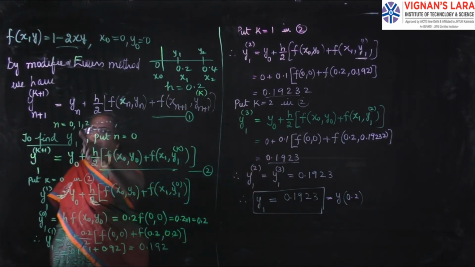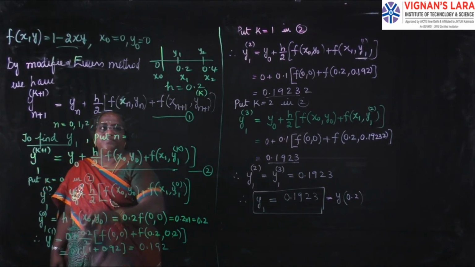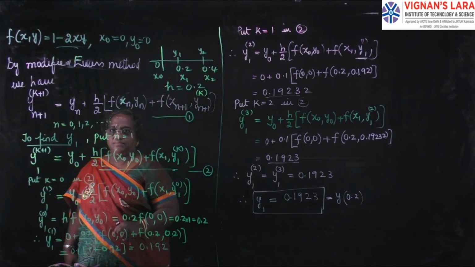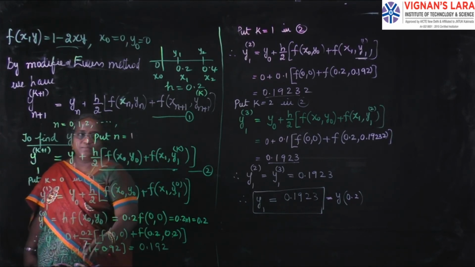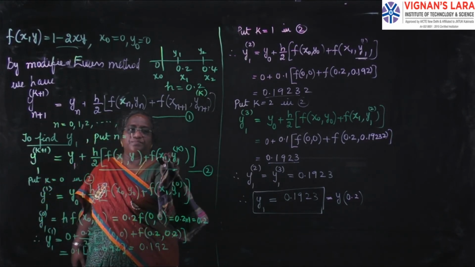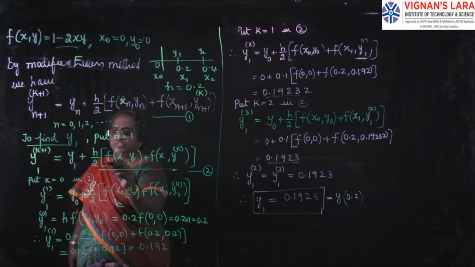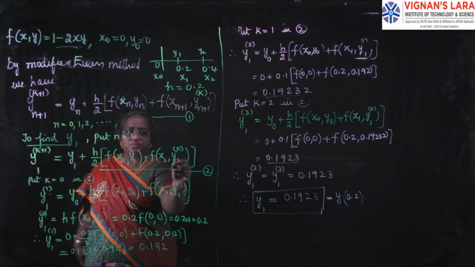again the same set of formulae. We have to put here n as 1. If we put n as 1, everywhere we have x0, y0, this becomes 1. Next here also, all these will be changed, y1, x1, y1, x2, y2.